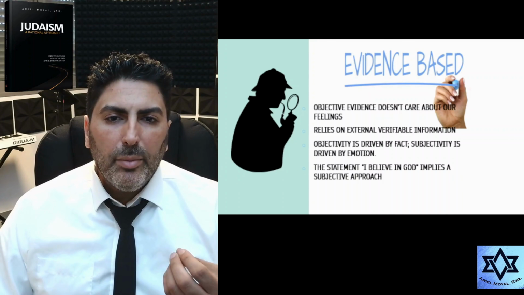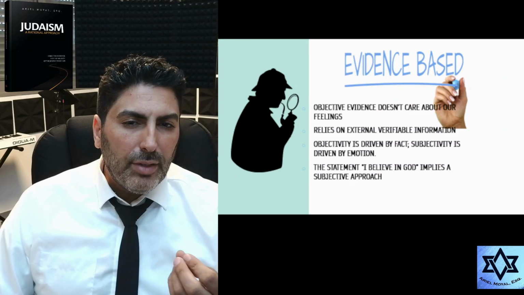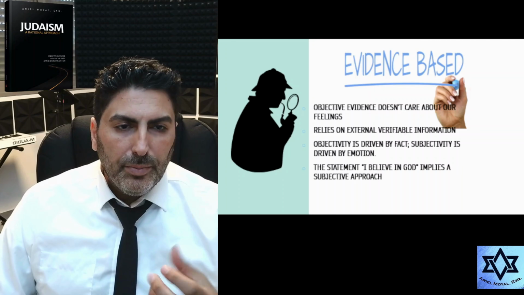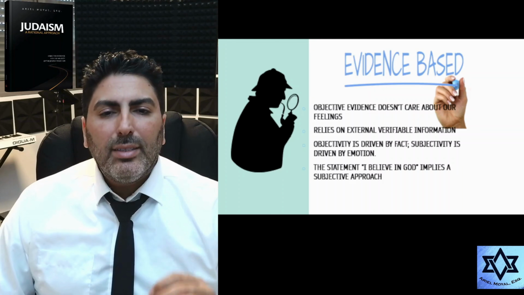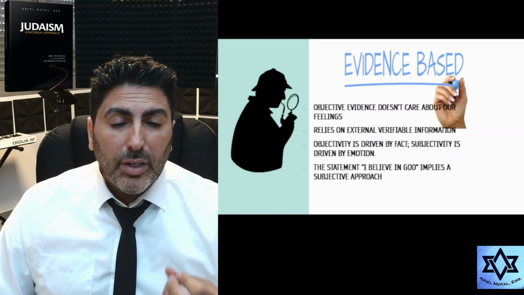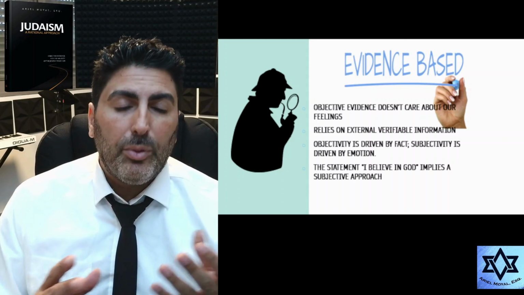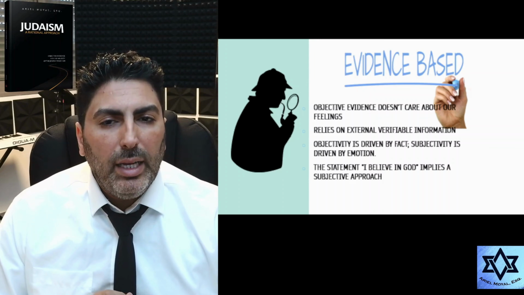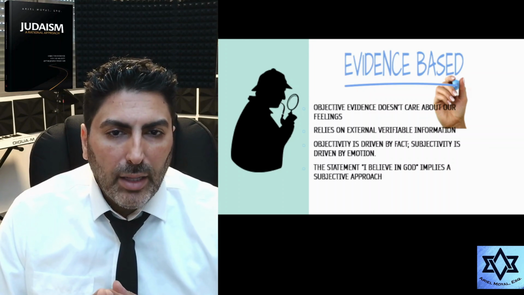Now let's examine the difference between an objective and subjective approach to evidence. Objective evidence doesn't care about our feelings. It relies on external, verifiable information. For example, if someone were to ask me right now, what's the weather in San Diego, California?